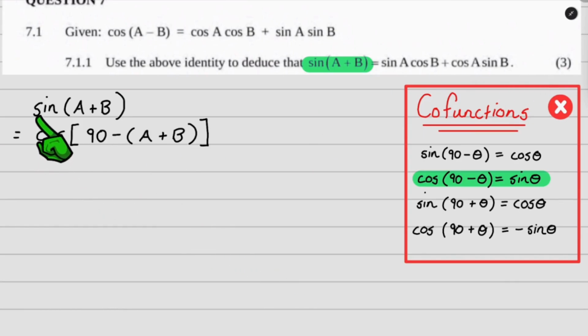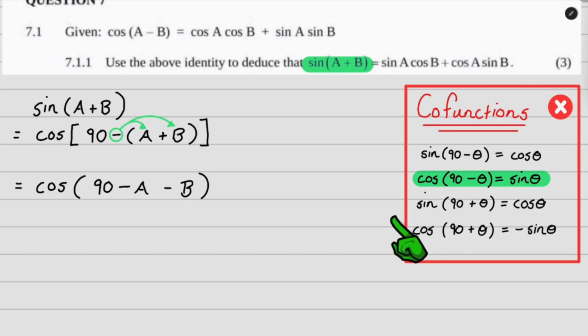So we can see that sine of this angle just turned into cos of 90 minus that angle. Then I distribute this negative to the A and to the B. And once I've got that out the way, I'm ready to use this formula.